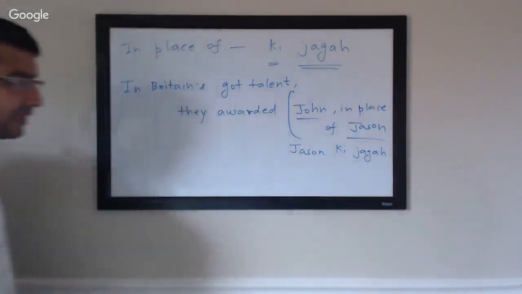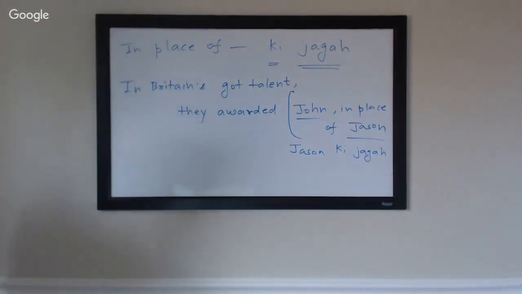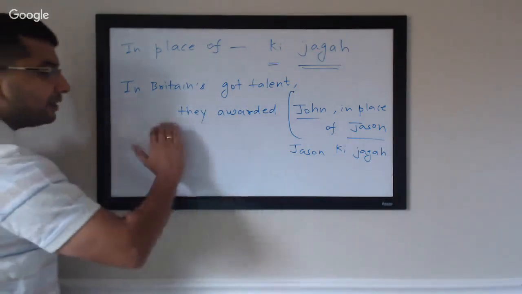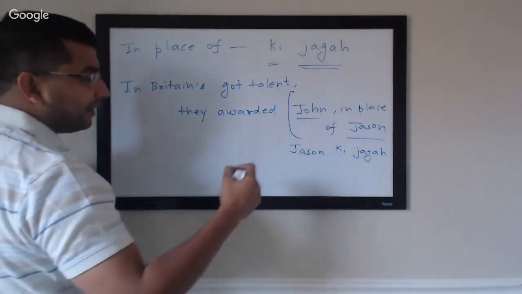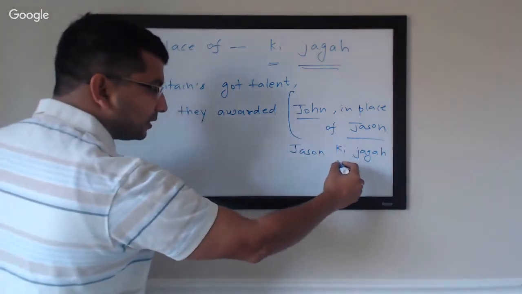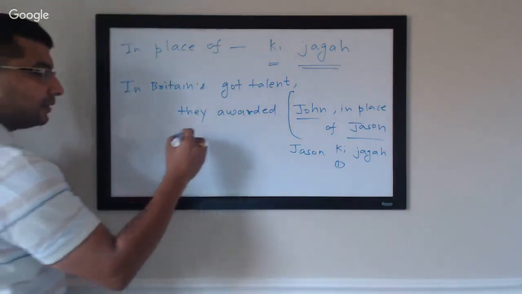Hypothetically, both of them were amazing, Jason as well as John. But the judges decided that John was better, right? And they awarded is past indefinite. If I were you, I'd start with this one to break it down.